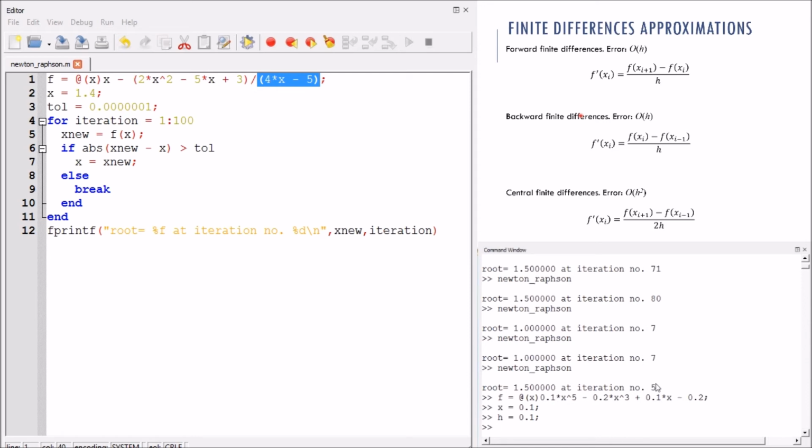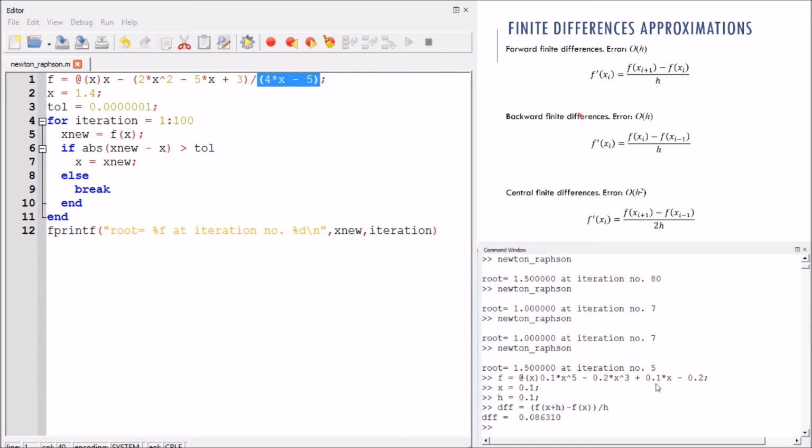Now let's say dff, which means the differential forward, equals to f of x plus h minus f of x, all over h. So we notice here this is the solution by using forward finite differences.